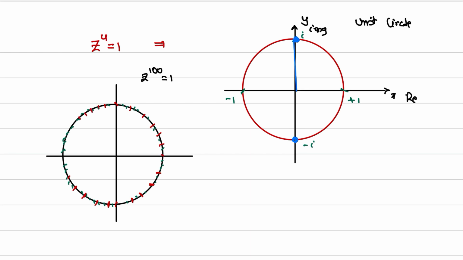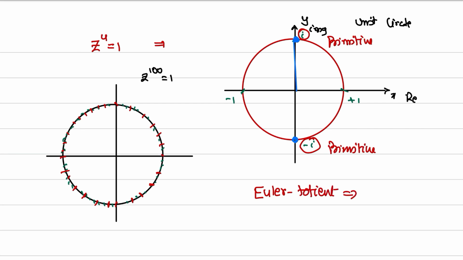That means the regular roots outnumber the primitive roots. This is primitive. This is primitive. This is from number theory, the Euler Totient formula, that gives the number of primitive roots, and complex numbers.